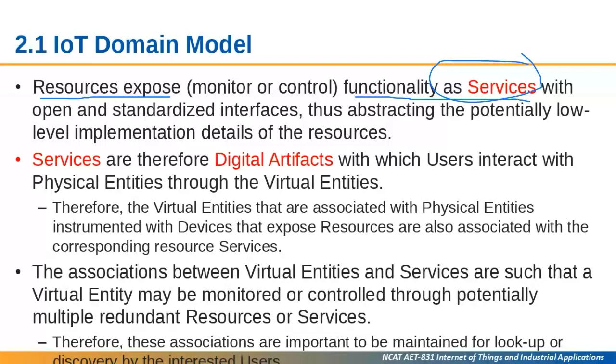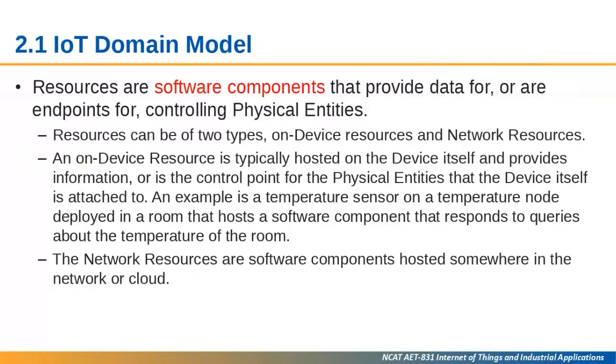When we use this as a functionality, then it is considered to be services. So usually they have open and standardized interfaces. And services are therefore digital artifacts with which users interact with physical entities through virtual entities. So those are the main concepts for the IoT domain model.